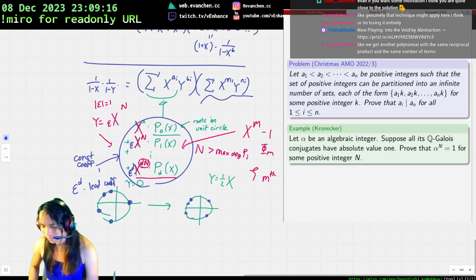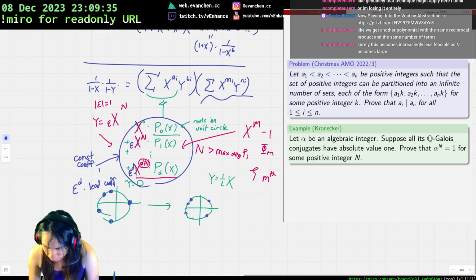I think I'm fighting two different growth rates. Because m can depend on n, that's the problem.